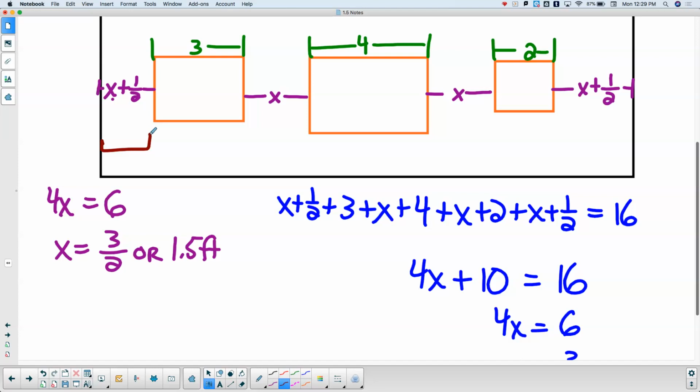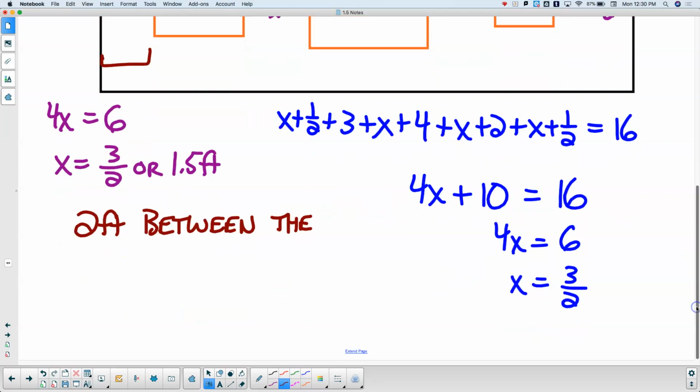So what is 1.5 plus 0.5? 2. Okay, so I would say that there would be 2 feet between the wall and pictures.